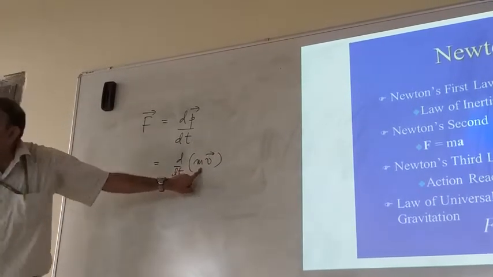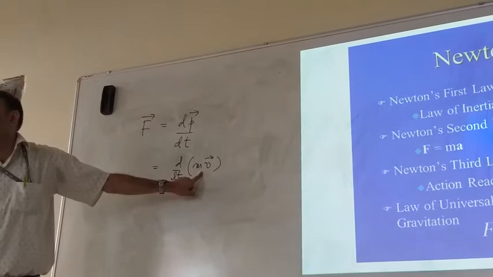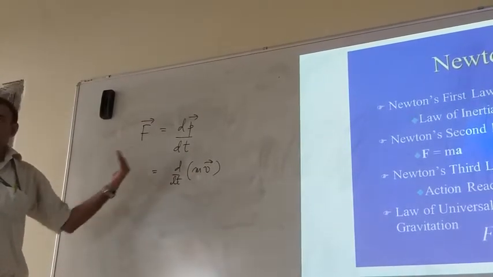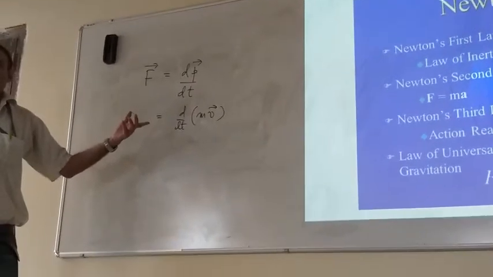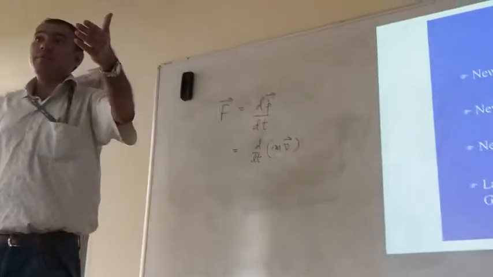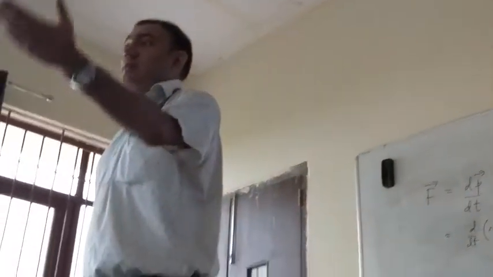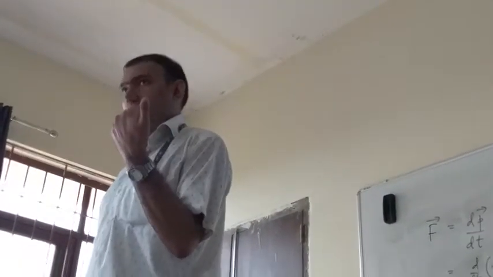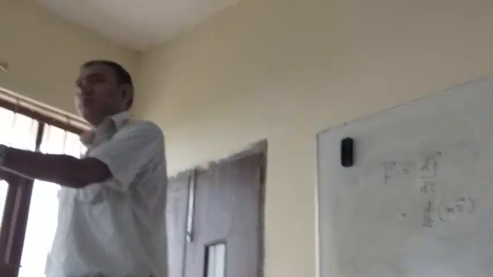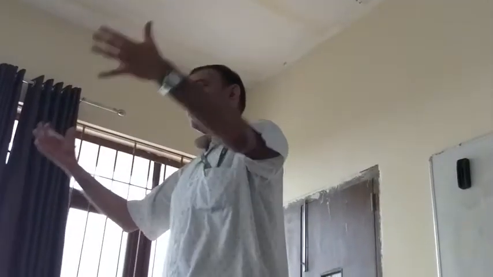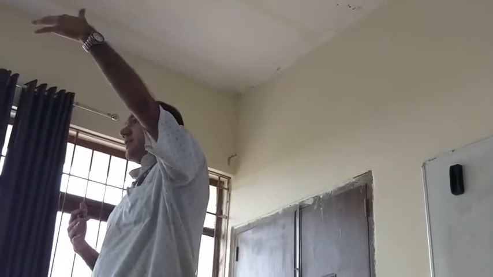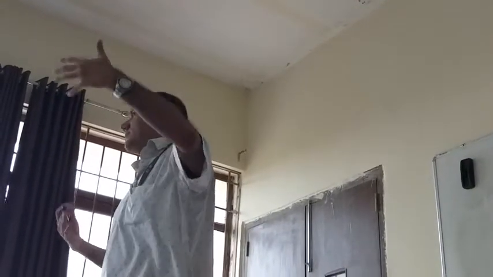Now, only if m is constant, then only you can pull this outside the differential. If the mass is a function of time, then you cannot pull it outside the differential. As it happens for rocket propulsion. The fuel actually burns, and hence the total mass of the rocket is actually decreasing as a function of time.